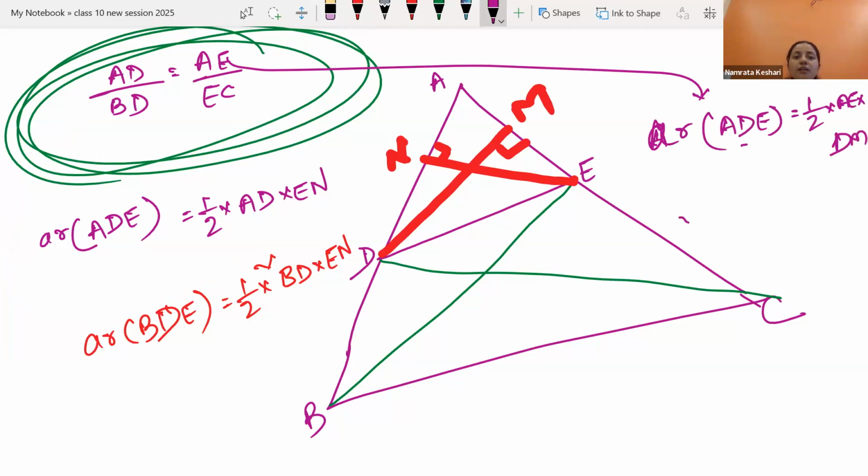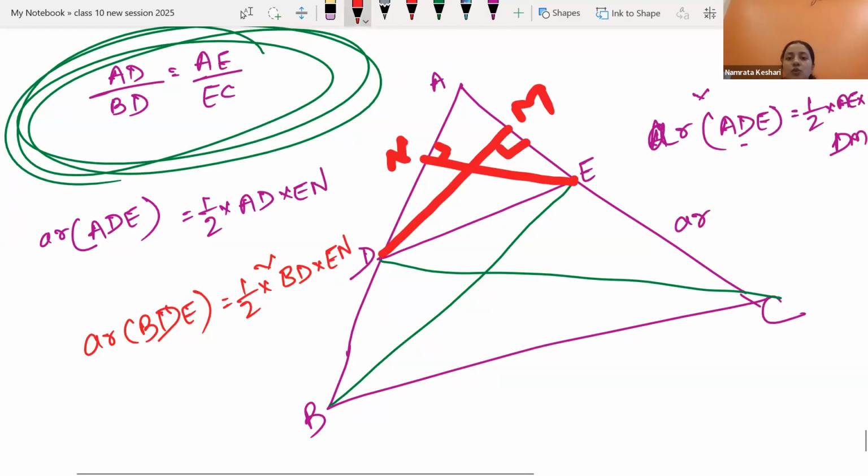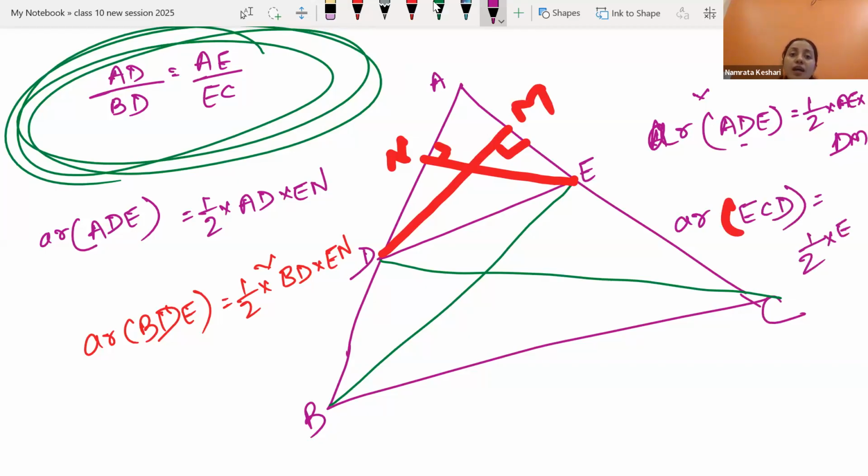Then for the denominator EC, you will be taking the area of ECD, or DEC, whatever you say. That is 1 by 2 into base EC, and the height should be the same DM which you have taken. Without any logic we are not taking it; we are moving by taking the concept into consideration.